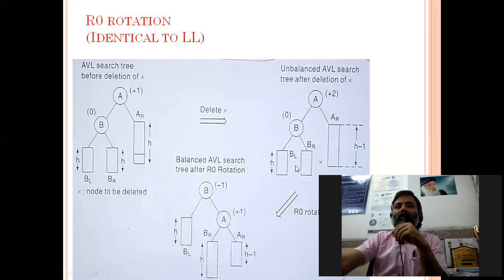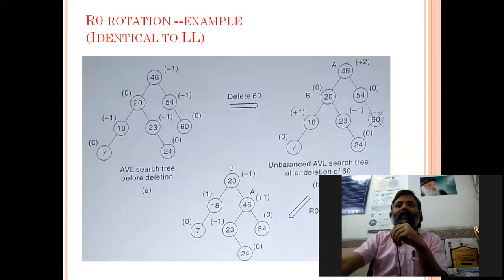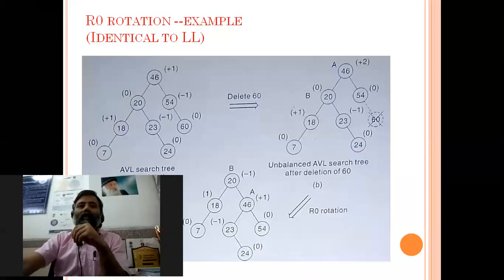And now the right child of B will become the left subtree of A. So this is R0 rotation and it is equivalent to LL rotation. Okay. So just keep in mind this R rotation is equivalent to LL rotation. Take an example here. This example we can take.